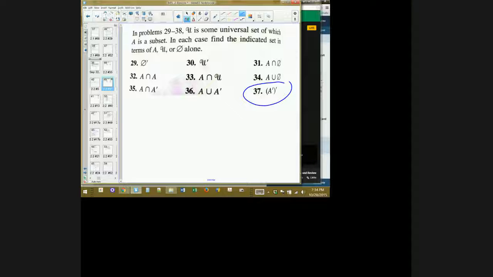Where do they overlap? Sometimes if you can't see it, go ahead and draw it in. Here's the universal set. Here's A. Where do they overlap? If you have trouble visualizing, I would encourage you to use colors or striping.